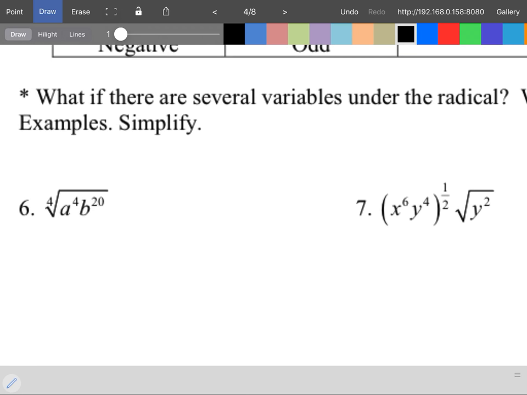And how I'm going to do this is I'm going to think of this one like this. I'm going to make this whole thing to the 1st power, like that. Well, if I do that, then I'm going to have a to the 4th times b to the 20th. That whole thing would be to the 1/4 power.